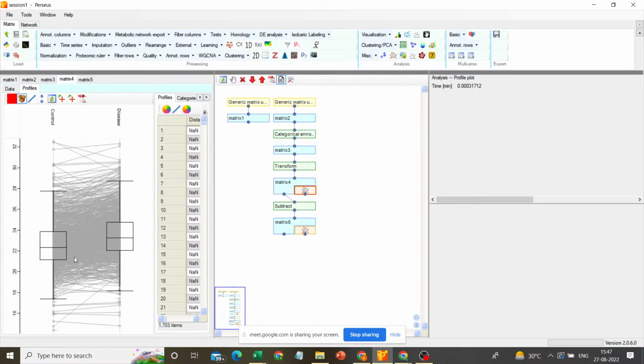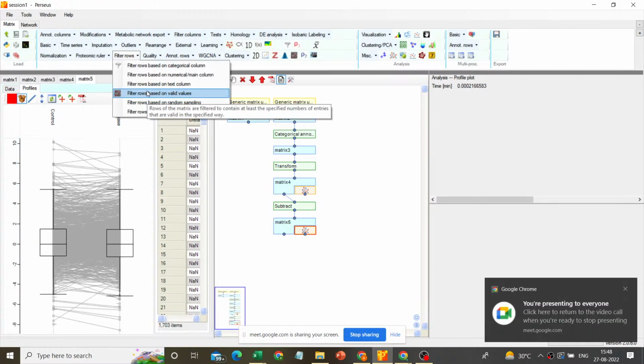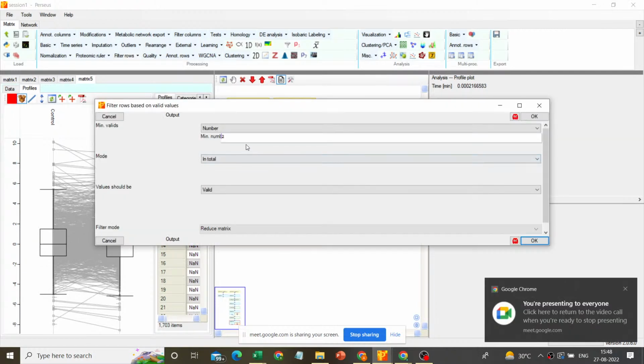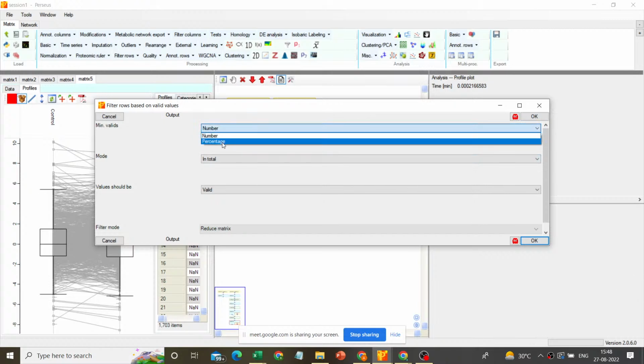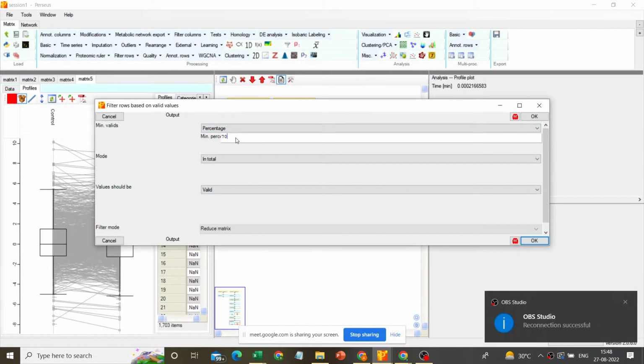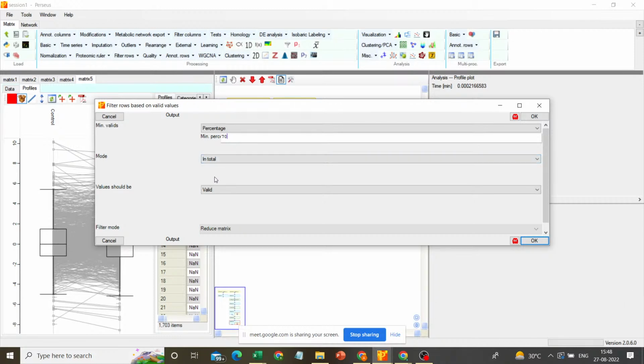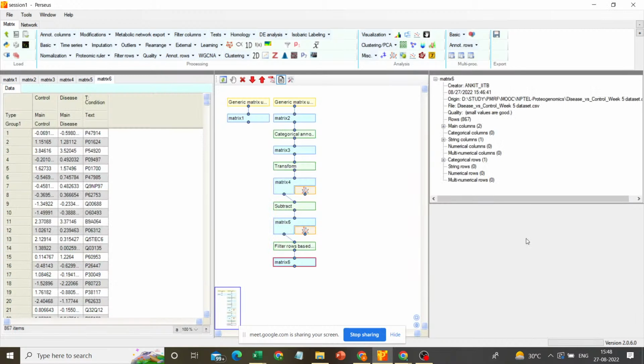Here the data is not normalized, and the missing values need to be imputed. Here also you will check that a minimum of 70% values are present, only then it will be kept, otherwise it will be removed. And after this you will impute it.